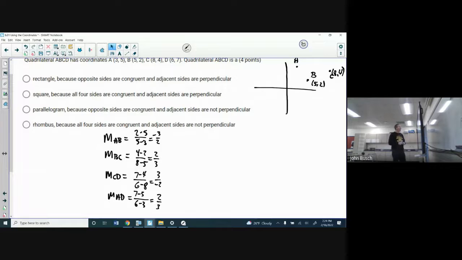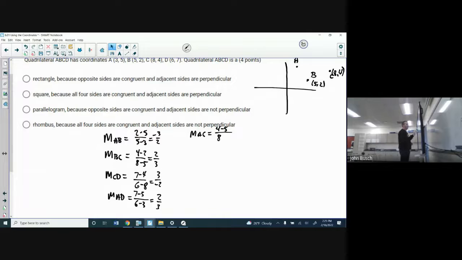So I'm going to check the diagonals because the square's diagonals are perpendicular. Same thing with a rhombus. So let's find the slope of AC. I think slopes are easy to find. 4 minus 5 over 8 minus 3.